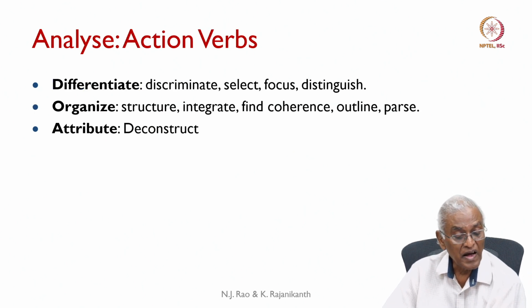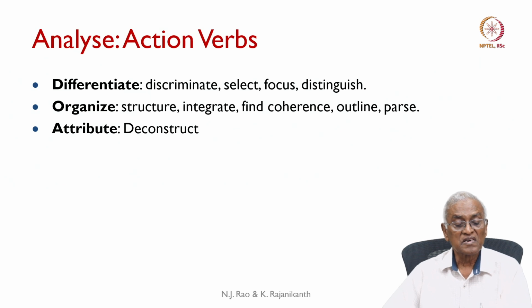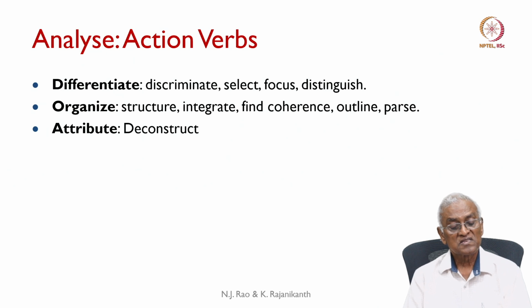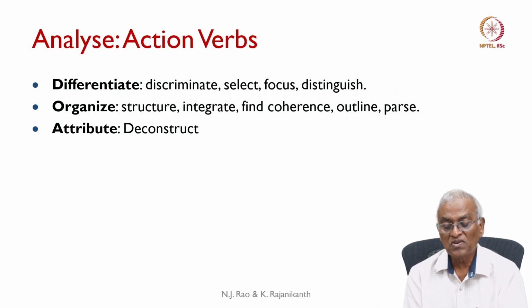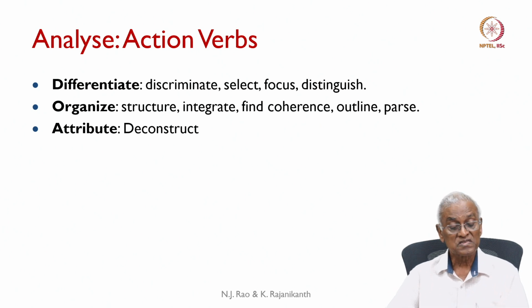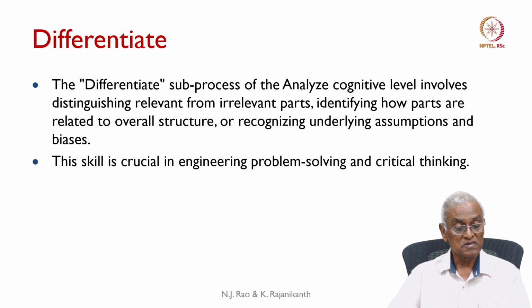The action verbs related to that are discriminate, select, focus, distinguish. Organize, structure, integrate, find coherence, outline, parse. Attribute, deconstruct. These are the action verbs that can be used for these three sub-processes.